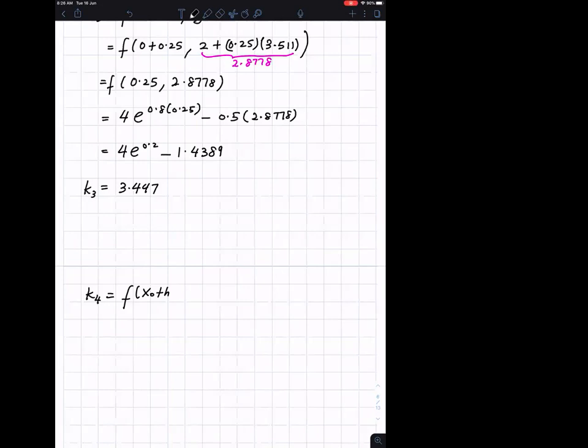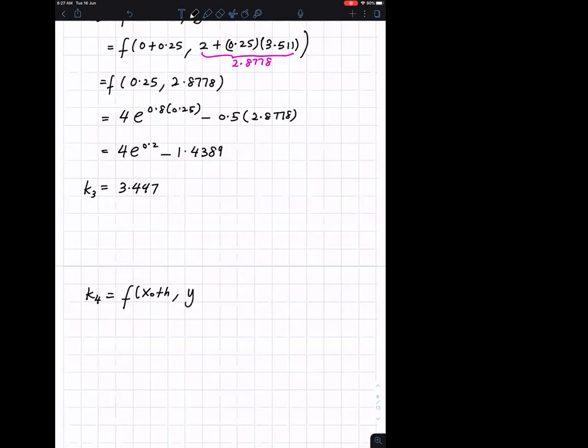Previously, for K2 and K3, it was the initial point plus 1/2 the step size. But K4 is just the initial point plus the step size. Okay, please see the difference.